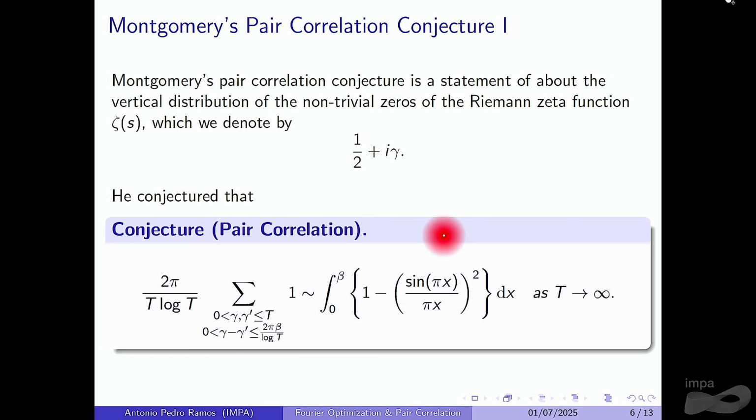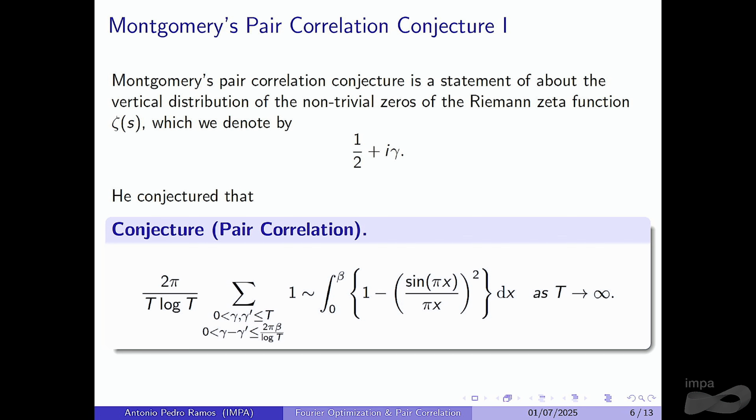If you count the number of pairs that are within some normalized distance 2 pi beta over log T, beta being a positive parameter, and you normalize over the number of zeros, you should get asymptotically, as you look at larger and larger heights, the integral from 0 to beta of this density, 1 minus sinc squared.